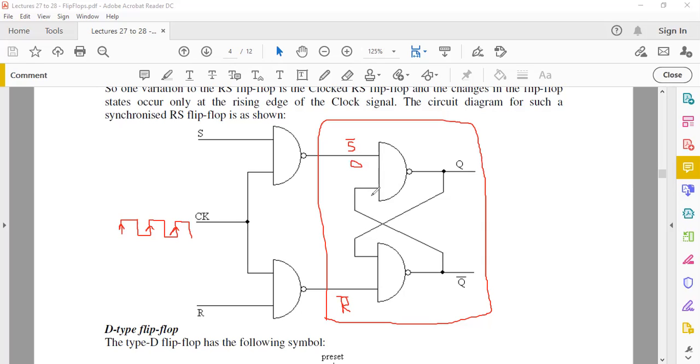So the question is, when would this input become low? As you can see here, your clock signal is coming up and high. We want this change to happen on our output pin only when we have a rising edge on the clock, when it changes from 0 to 1.